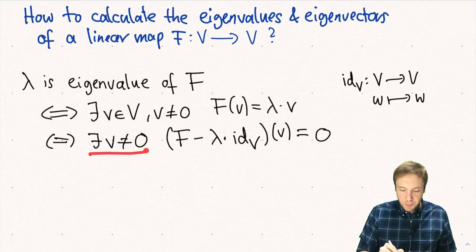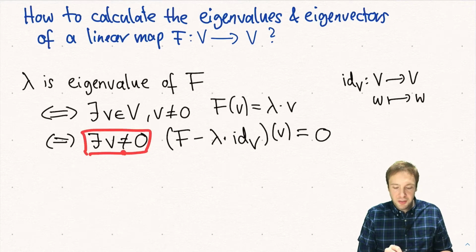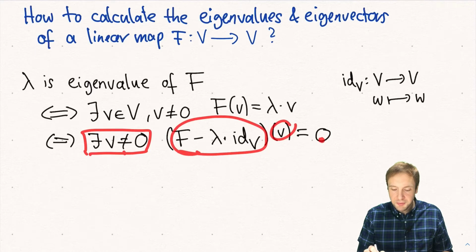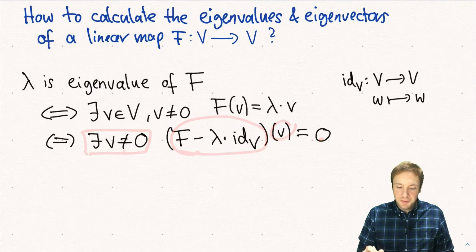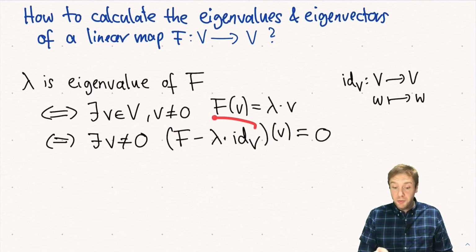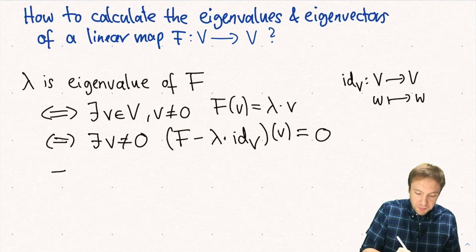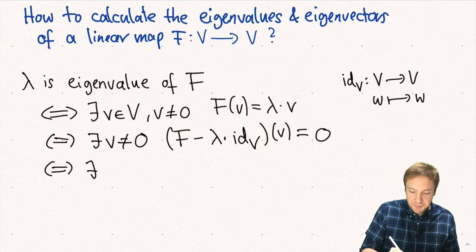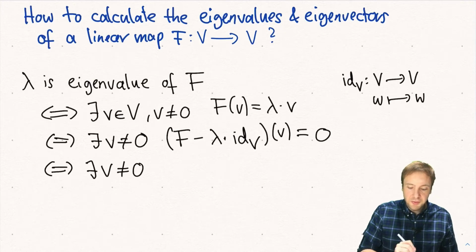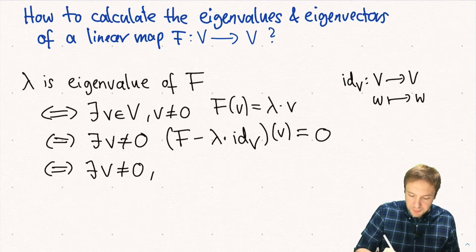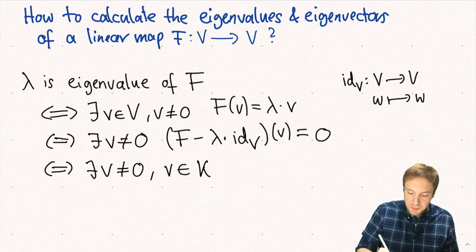And now we see the condition is: there exists a non-zero element such that this linear map applied to it is 0. And the elements which get mapped to 0 by a linear map are exactly the elements in the kernel. So this means there exists a non-zero element which is an element in the kernel of this linear map.